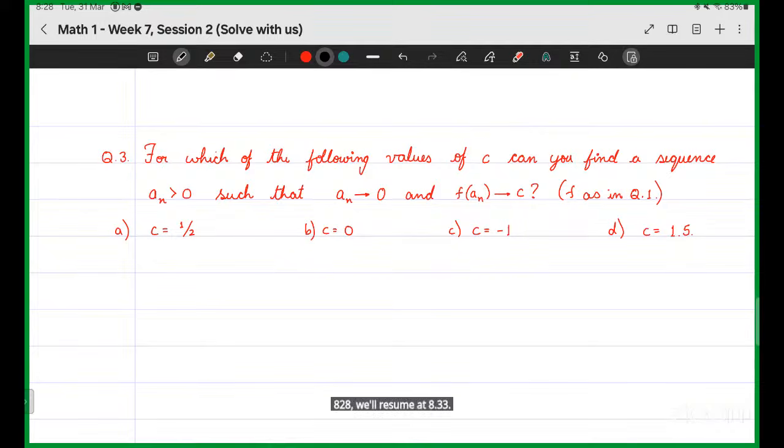And the function is same, sine 1 by x. Yes, function as in question 1. So this is f of x is equal to sine 1 by x.